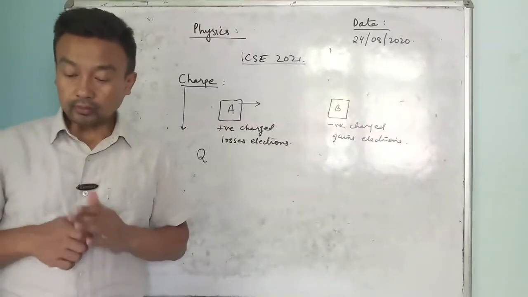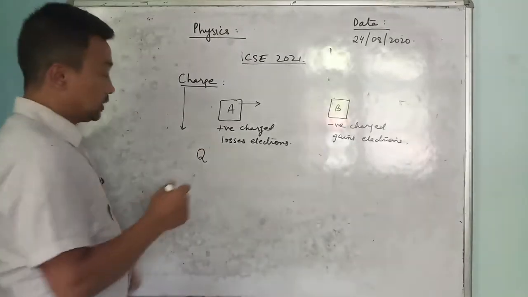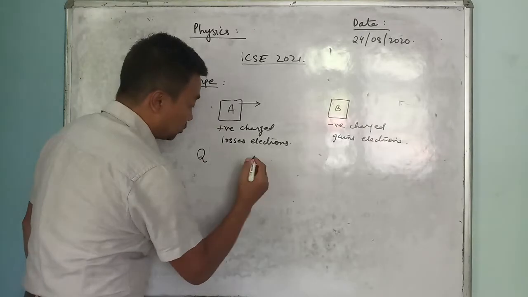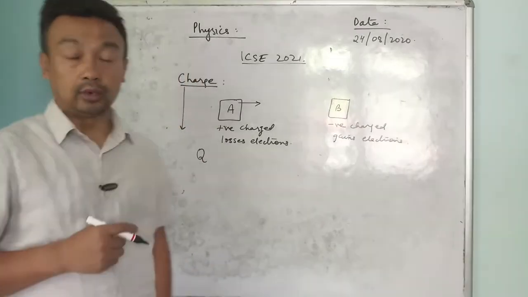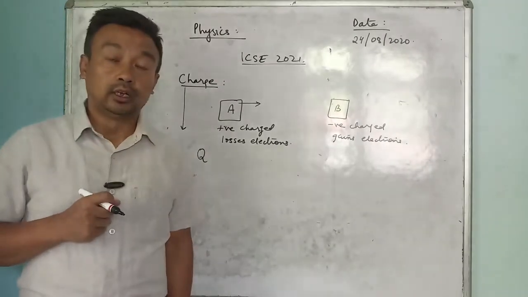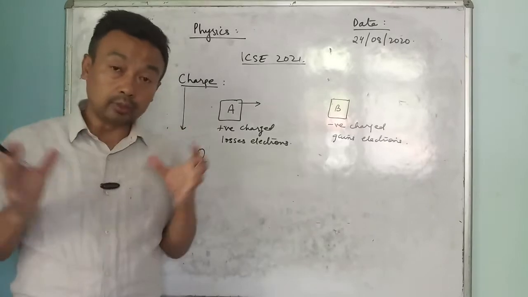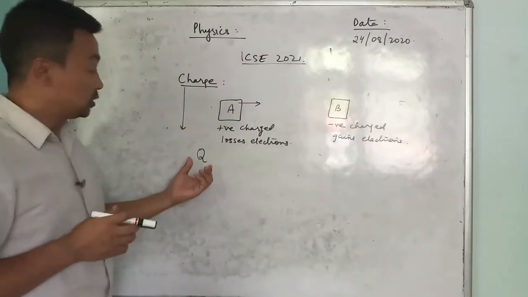Alright. Now how is charge defined? Charge is defined as the number of electrons present in a conductor. That means how many electrons are present. That total number of electrons gives you the quantity of charge.